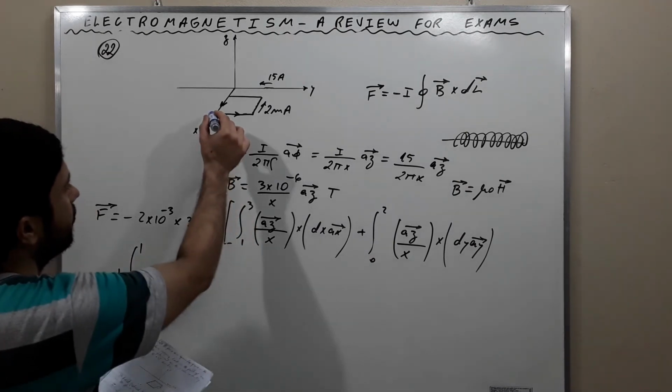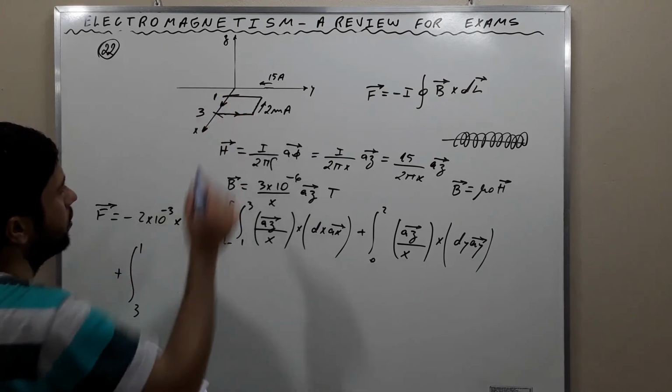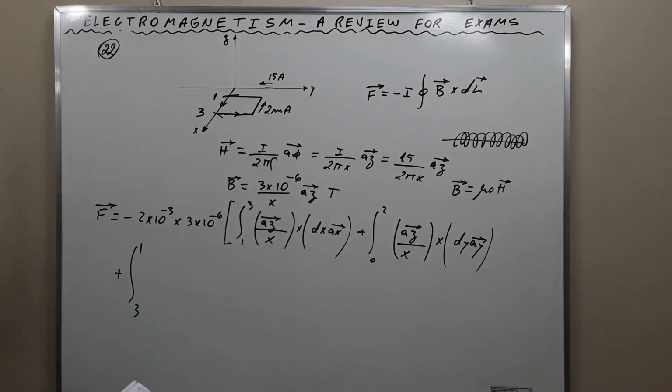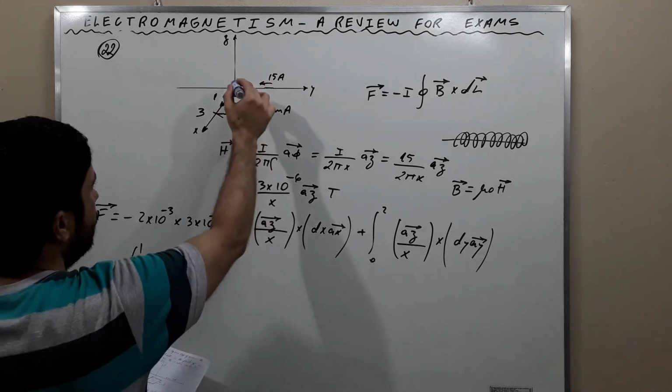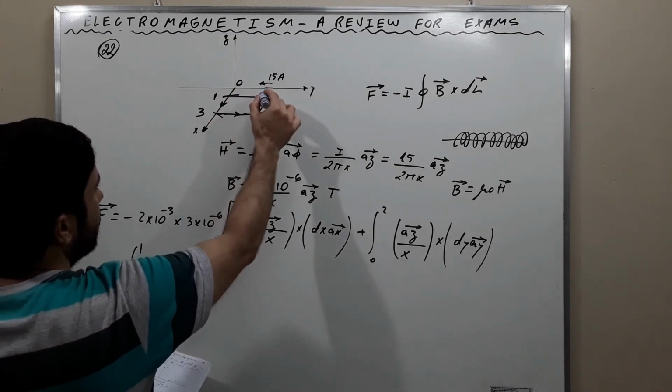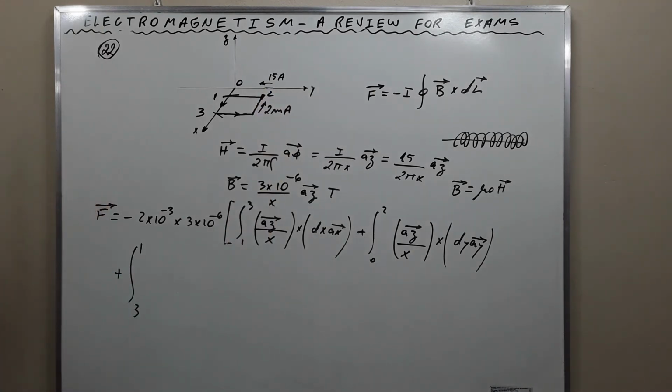This here is 3 and this here is 1. And in the y direction, this here is 0 and this here is 2. This is how it varies in the x and in the y direction.